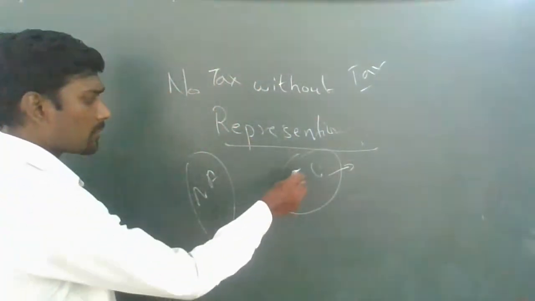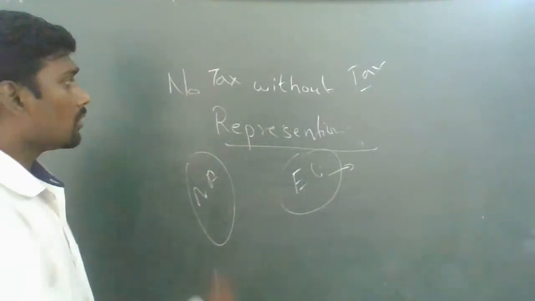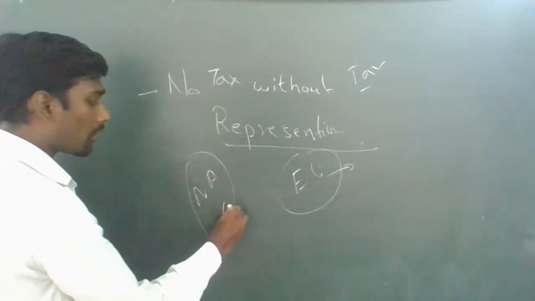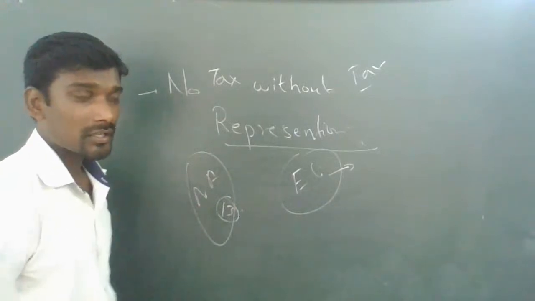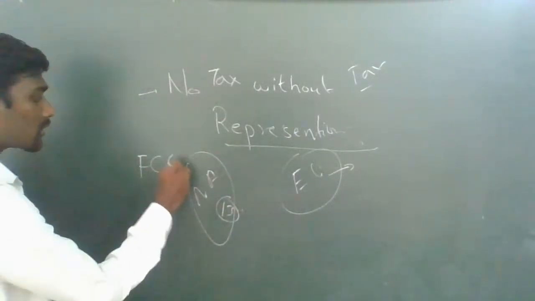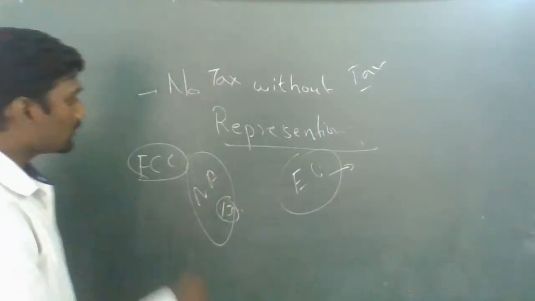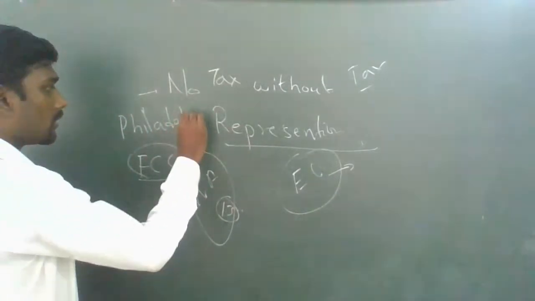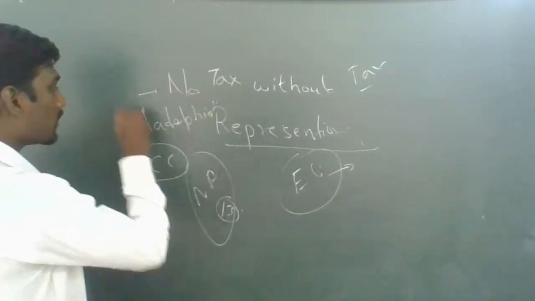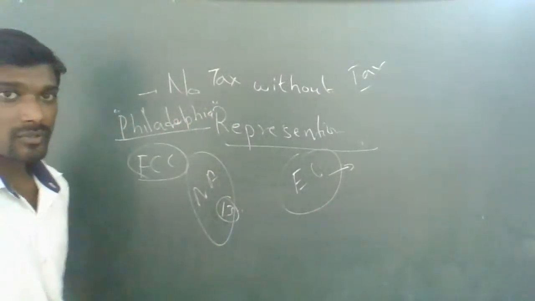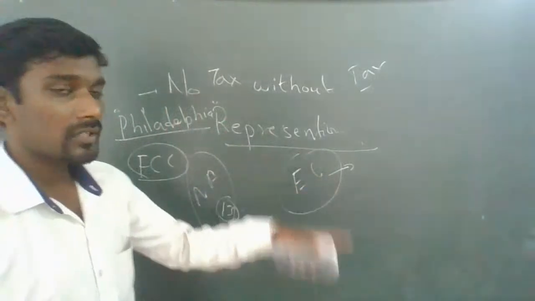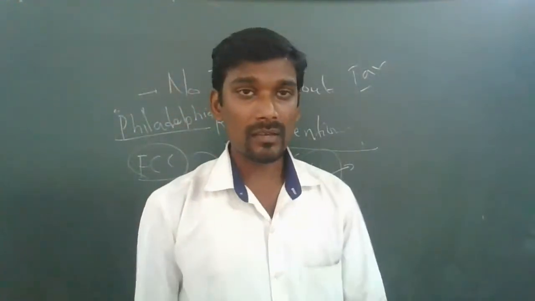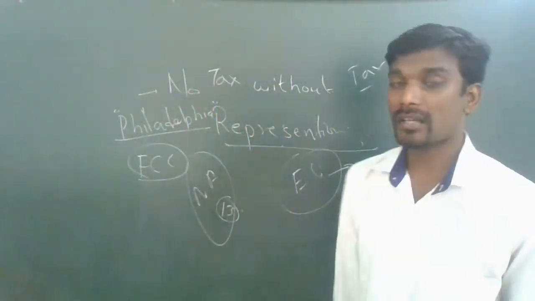So this becomes a bone of contention, and these 13 colonies met in the First Continental Congress, in a place in America called Philadelphia. In Philadelphia, it was decided: no tax without representation. We will give the tax, but not without representation.